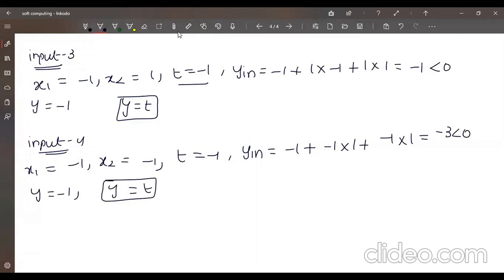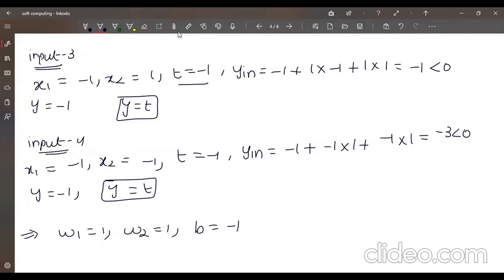So our final weights are the weights with which we got the condition y is equal to t for all the inputs. Our W1 is equal to 1, W2 is equal to 1 and bias value is equal to -1. This is our final conclusion. With these weights we can complete the network.